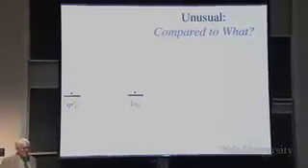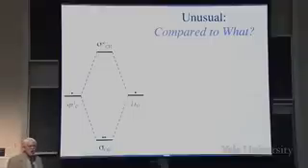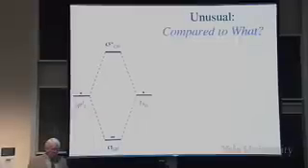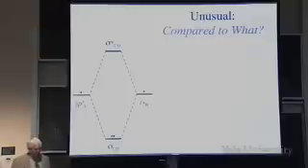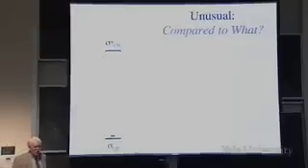So you bring two of these together, they overlap, and you get sigma and sigma star, and we've talked about that, the bonding and the anti-bonding orbital. So most of the occupied orbitals we're dealing with are CC sigma or CH sigma, and most of the antibonding orbitals are sigma star CH or sigma star CC. So those are our point of comparison. Those are the plain vanilla electrons and holes.